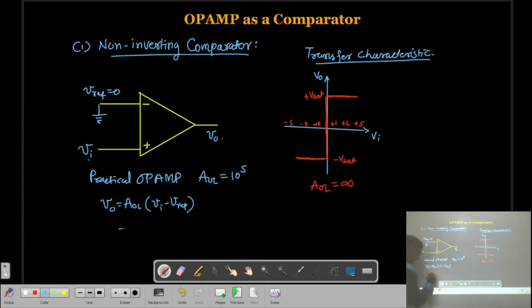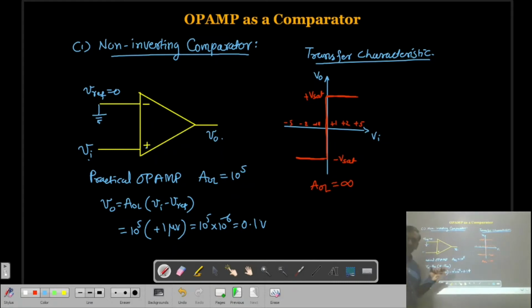So the open loop gain is 10 raised to 5 and VI minus V reference, let us say this difference is only plus 1 microvolt. So we have 10 raised to 5 into 10 raised to minus 6. So this output voltage is 0.1 volt.